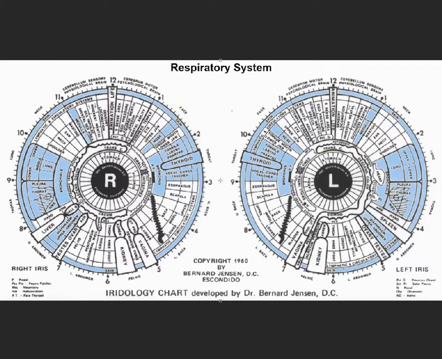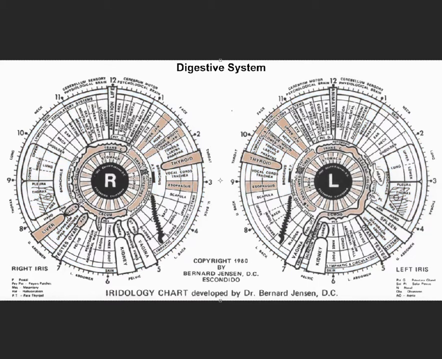There's your respiratory system, and you have your left side and your right side, so both lungs, and we have the digestive system, right, and so on and so on. We can look at each system individually, or you can look at different parts.